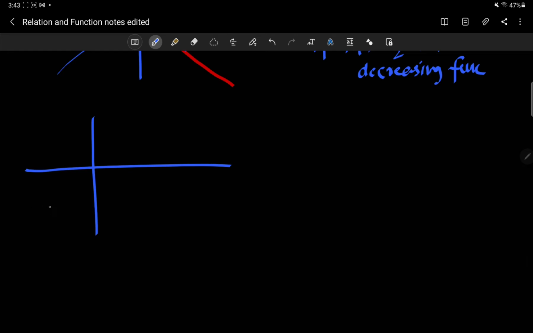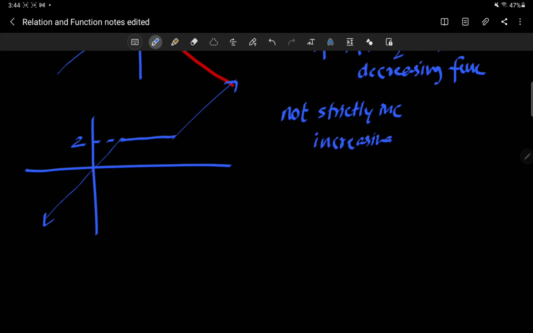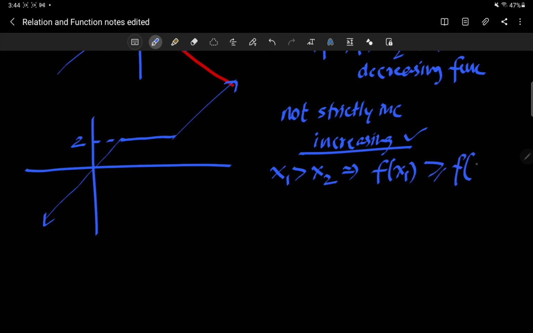If I have a function that goes like that, and then goes like that, and then goes like that. So over here it's constant, say at 2. So this is not strictly increasing, but we can still call it increasing. Okay, because the condition for increasing is x1 greater than x2 implies f of x1 greater than or equal to f of x2.